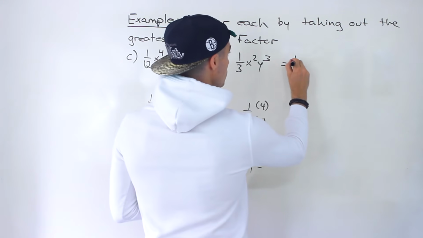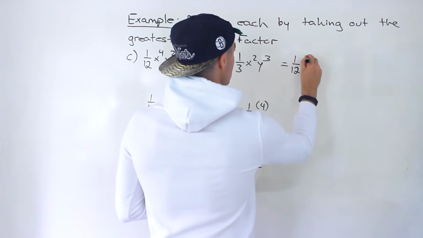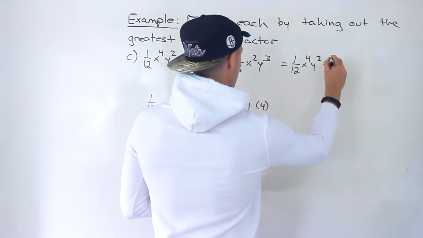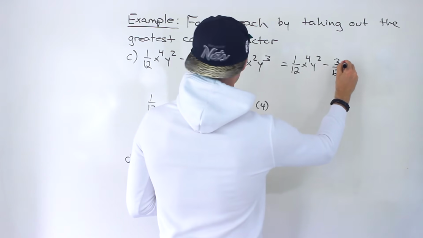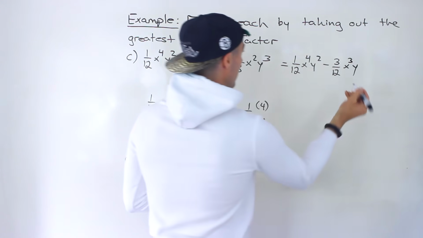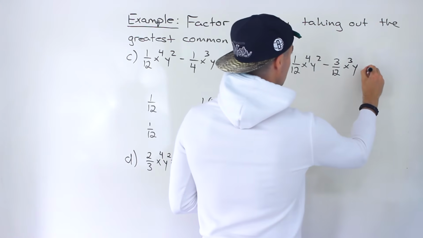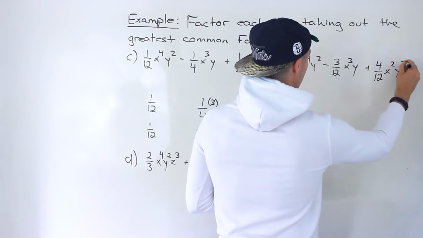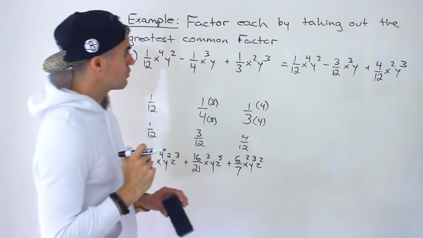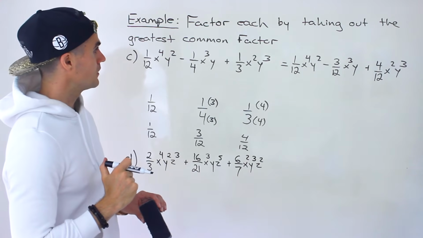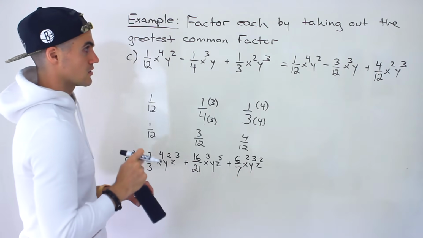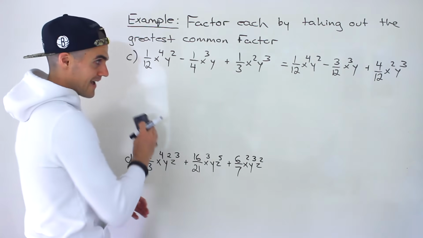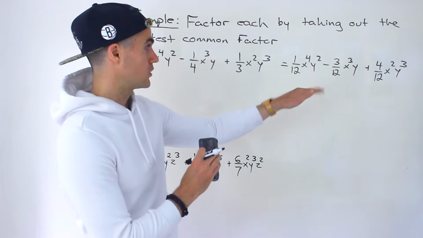So we would have 1 over 12, x to the 4, y to the 2, minus 3 over 12, x to the 3y, plus 4 over 12, x squared, y to the 3, like that. Right, I think I got everything. Yes, it's all good. Right, so that's the first step. We got to get a common denominator, which we did.